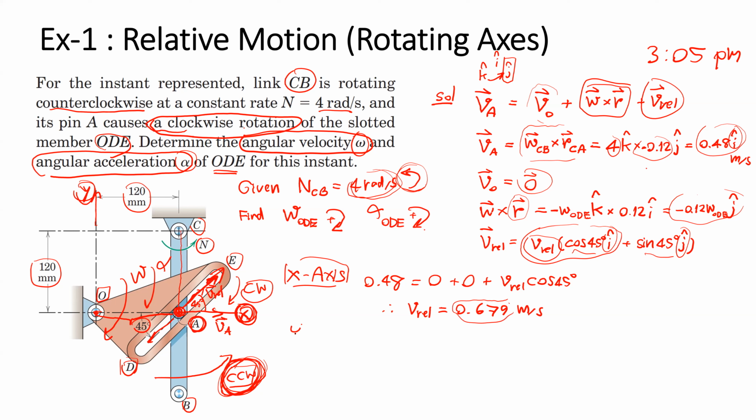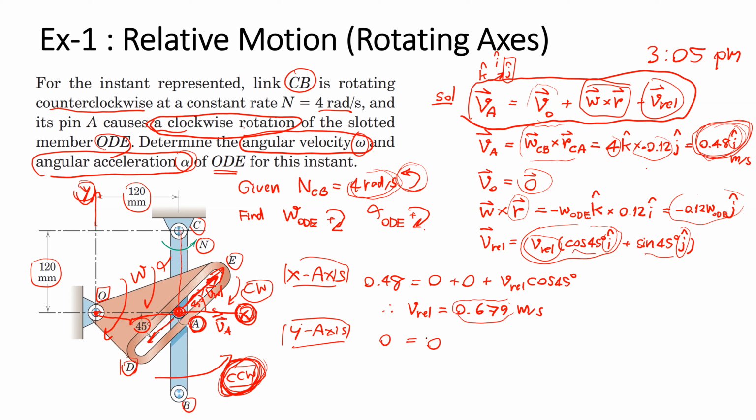What about the y component? The vector equation in y component, the VA doesn't have the component in the y direction. So on the left hand side is 0. To the right hand side, V0 is 0.